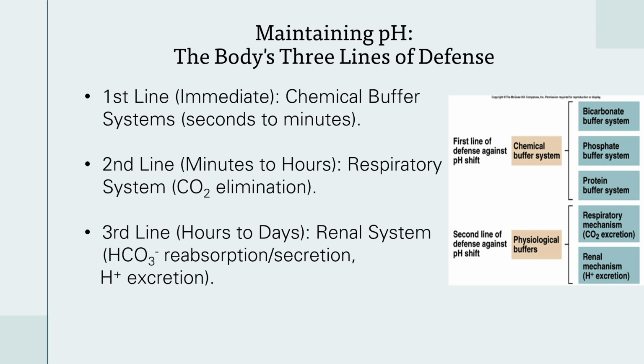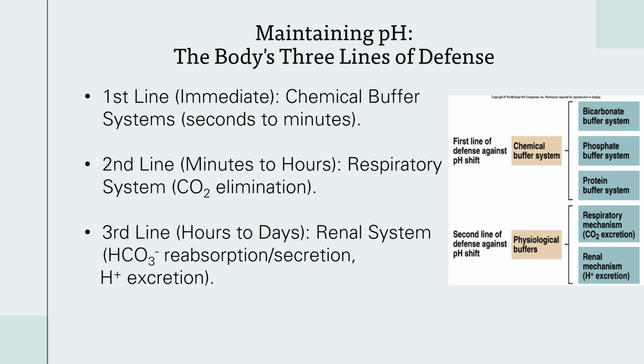You have the respiratory mechanism that basically involves the lung using carbon dioxide as a means of control or regulation. And then the renal mechanism either excretes hydrogen ions or reabsorbs the bicarbonate ion to maintain the physiological pH range. Now, among all these buffer systems, the bicarbonate, phosphate, and protein, bicarbonate is the most important one for maintaining blood plasma at the optimal level.